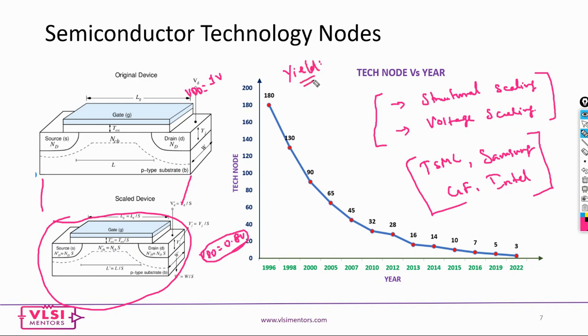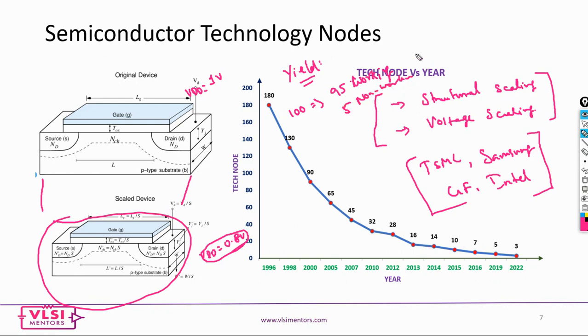Now, what is the meaning of yield? Assume you are manufacturing 100 chips. Out of that 100, say you have 95 chips working, and the remaining 5 not working.